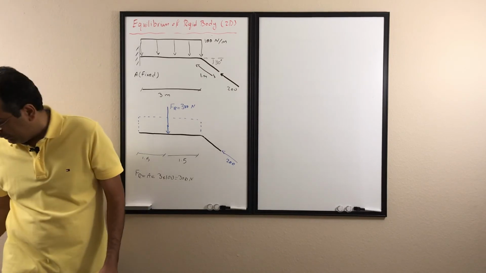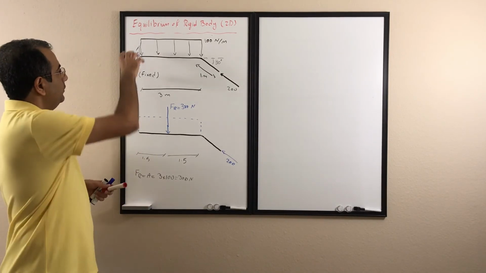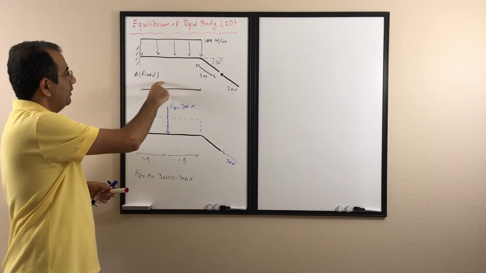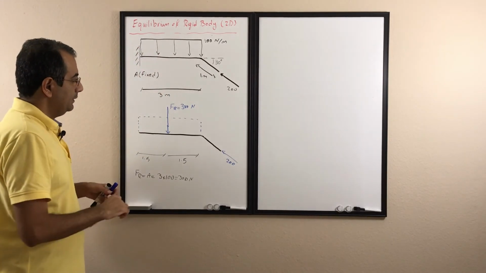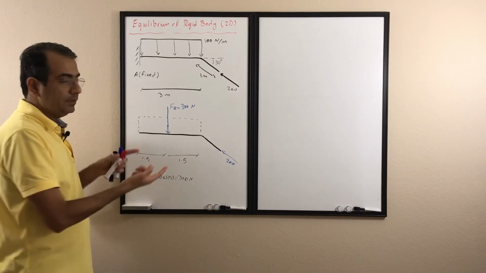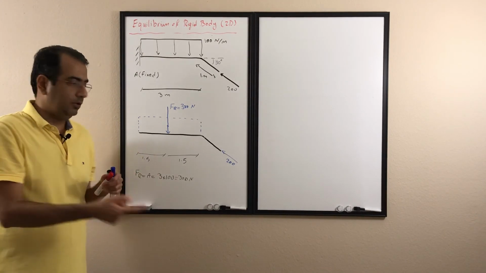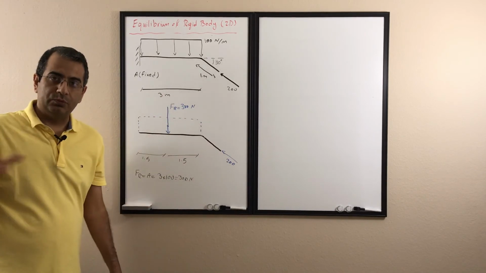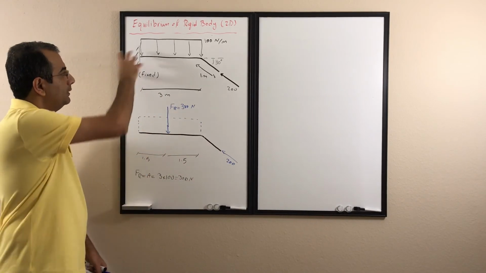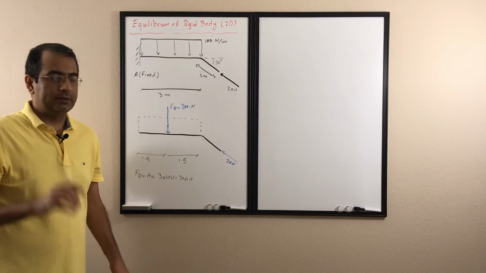Now we need to add the reactions of the support to make sure that the object stays in place. Remember, in the free body diagram, we draw just the object, then put all the external forces that want to move the object, then add all the reactions from supports that want to hold it in place.